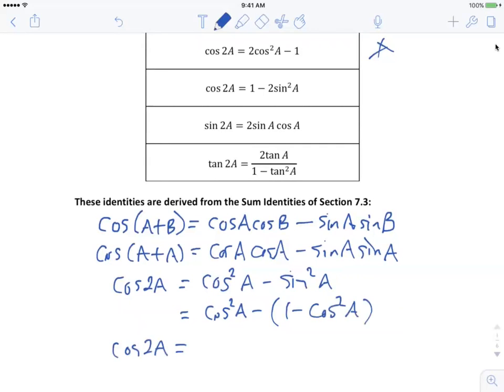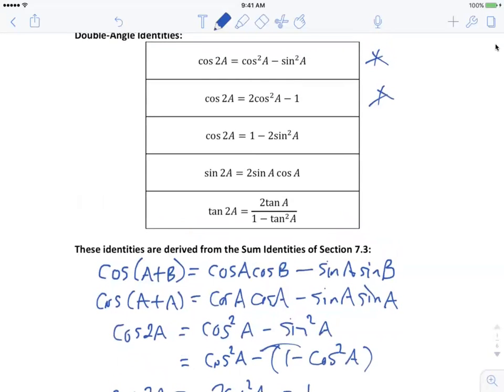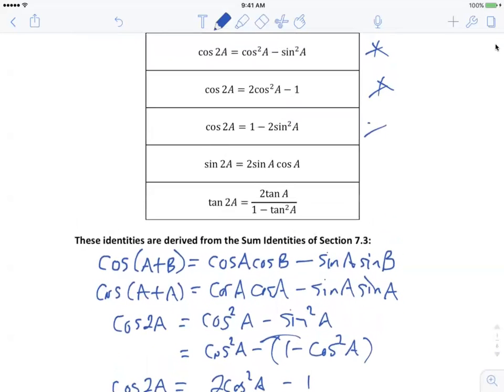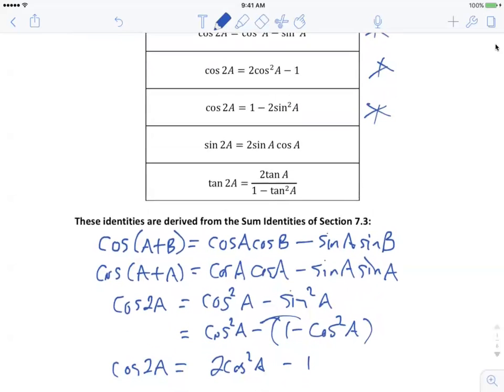If I distribute that negative, it's going to be a plus cosine squared, and cosine squared plus cosine squared will be 2 cosine squared, and then minus 1, right? Okay, and then this one would be similar, but just go back to this one and replace cosine squared with 1 minus sine squared, and then you derive that one.